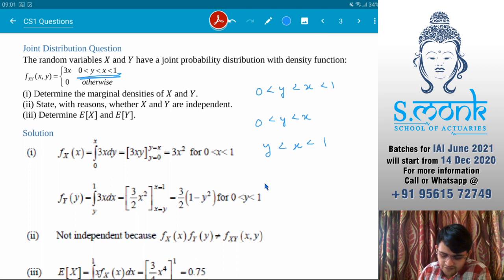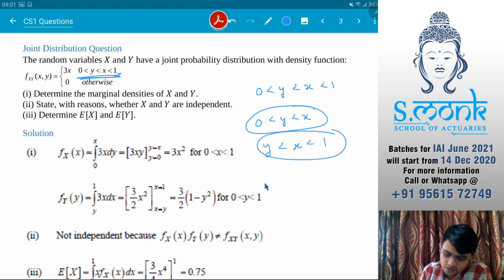So here first, if you want to find marginal distributions, marginal densities, you will have to take into account these limits. So you can see for f of x, you take limits of y, all values of y, so going from 0 to x, and then f of x,y dy.